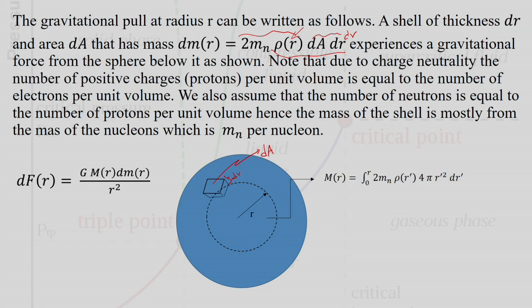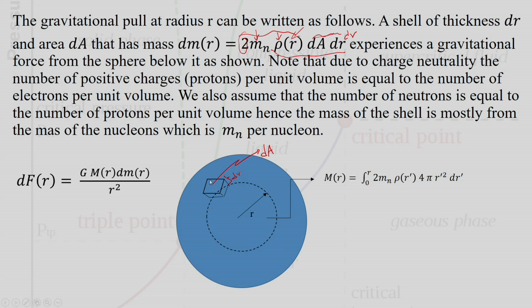In that case, the mass of the box is the number of nucleons, which is 2 for one proton and one neutron, assuming the masses of the proton and neutron are roughly the same. So it is 2 times the mass of the nucleon times the number of electrons per unit volume times the volume. That is the mass contained in this box.